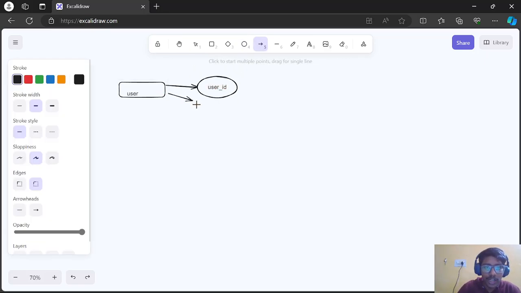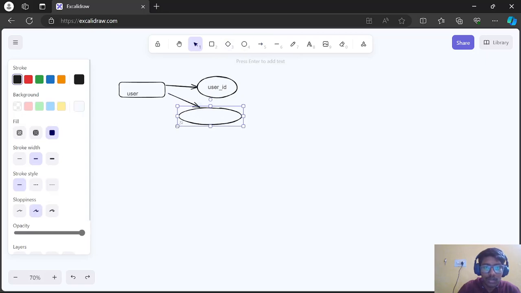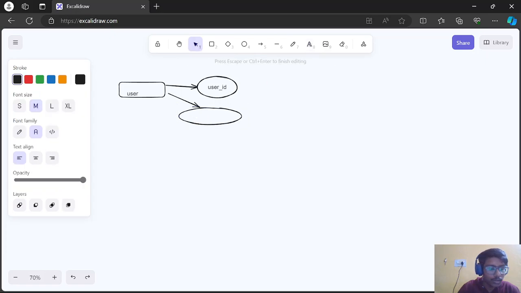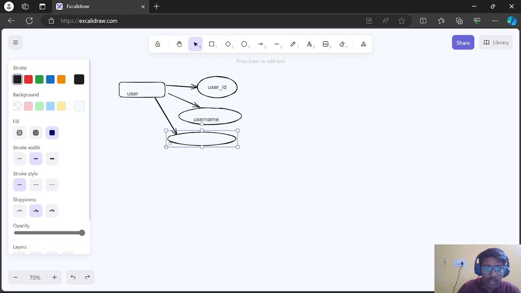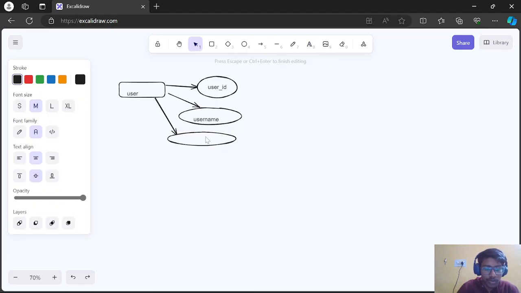Now let's go with the second attribute. That would be the user name, and the next one would be the email of the user.